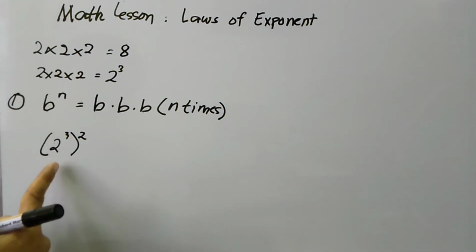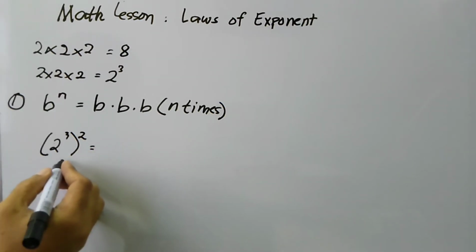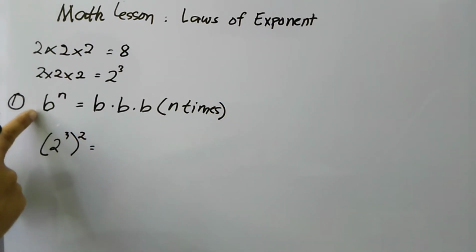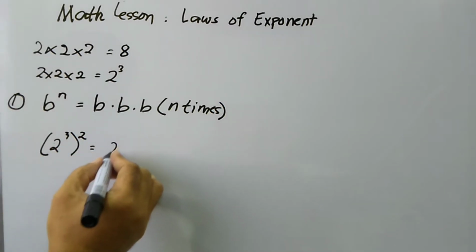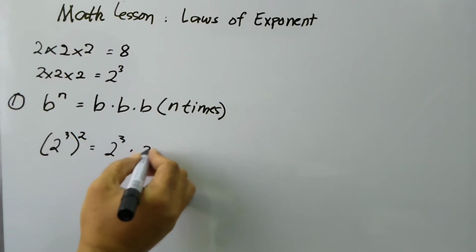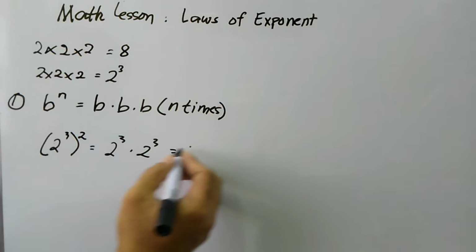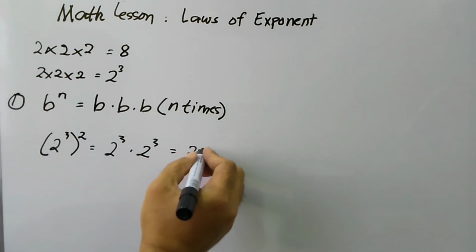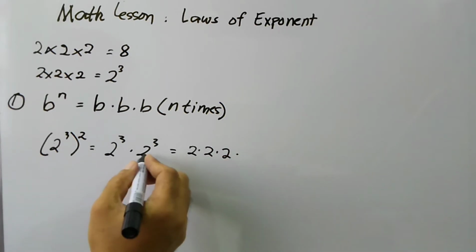If we have this kind of problem, we can write this into this form. We have 2 cubed times 2 cubed, and this is equal to 2 times 2 times 2 times another 2 cubed.